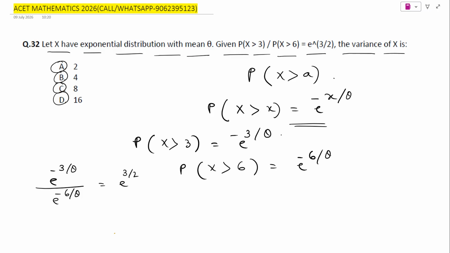So recall the exponent rule: e to the power a by e to the power b is e to the power a minus b. Apply this here.